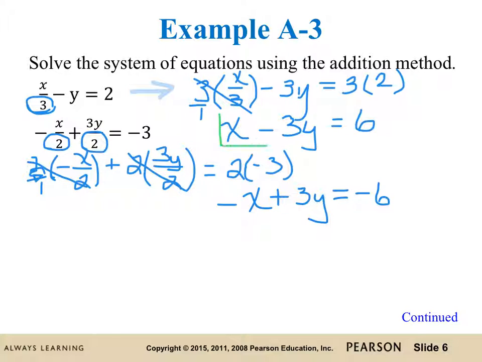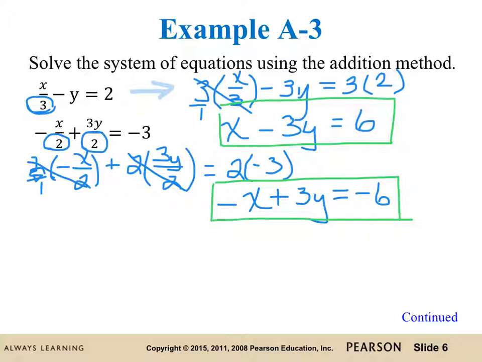So this is our new system of equations. x minus 3y equals 6. Negative x plus 3y equals negative 6. And we will solve those by adding those two equations together.